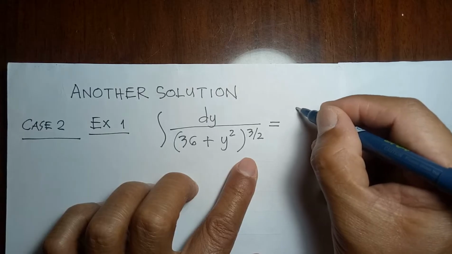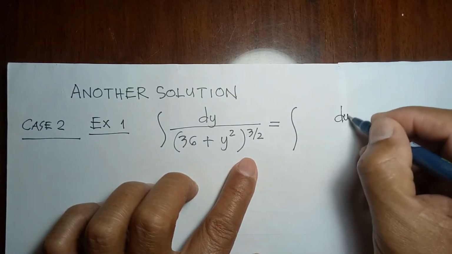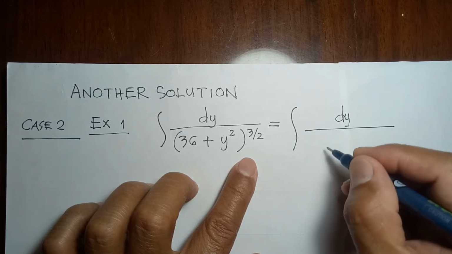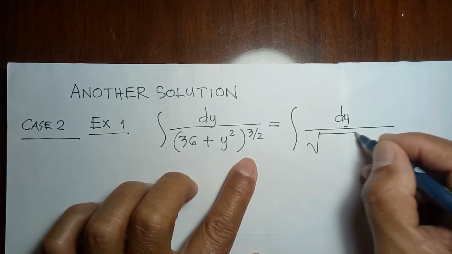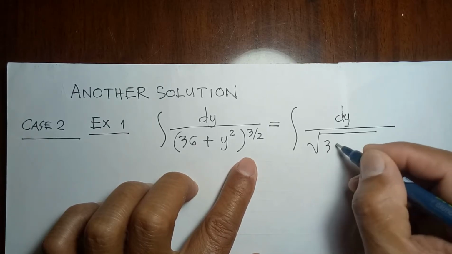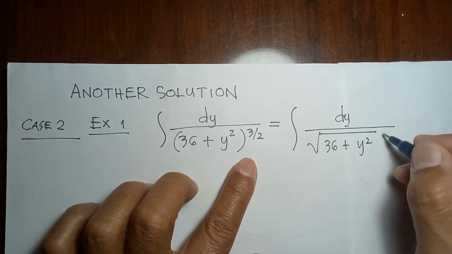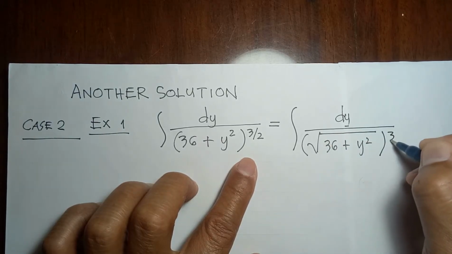At equal siya sa integral of dy divided by square root of 36 plus y squared, raised to 3.